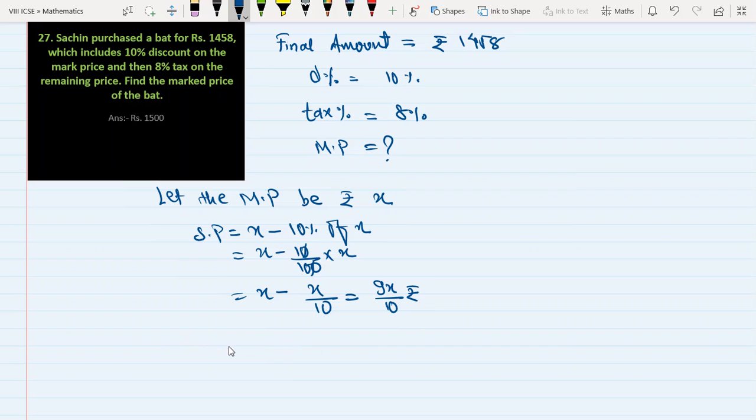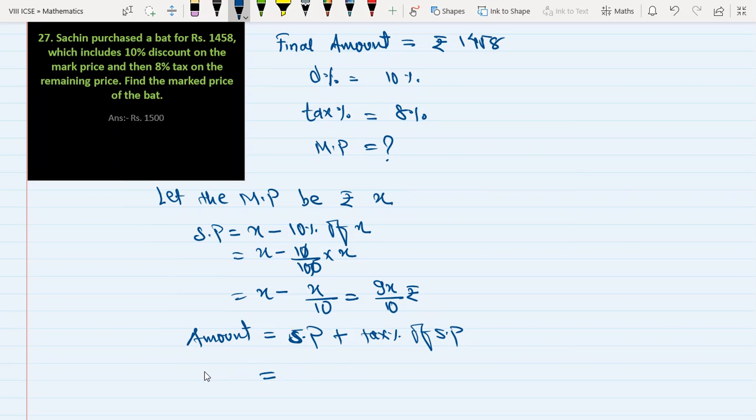Now what? Now we have to find the final amount in terms of X and then equate it with 1458 to find X. Okay, so amount is equal to selling price plus tax percent of selling price.